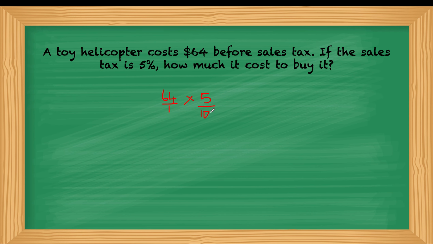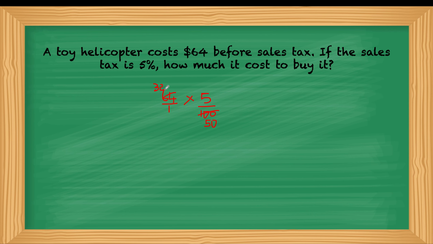Alright, and then we're going to simplify. We can first start with 2, so we can use the smaller numbers. So let's work with 2. 2 into 100 goes 50 times. 2 into 64 goes 32 times.